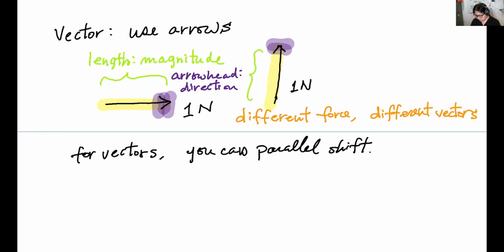Which means that if I have, let's say, 3 Newton here, and then I have the exact same length pointing in the same direction, if it's a parallel shift, they're identical.